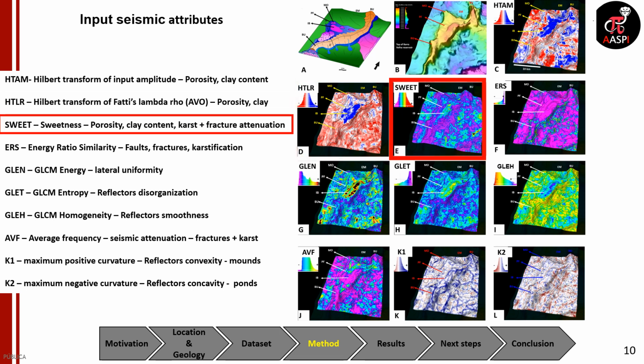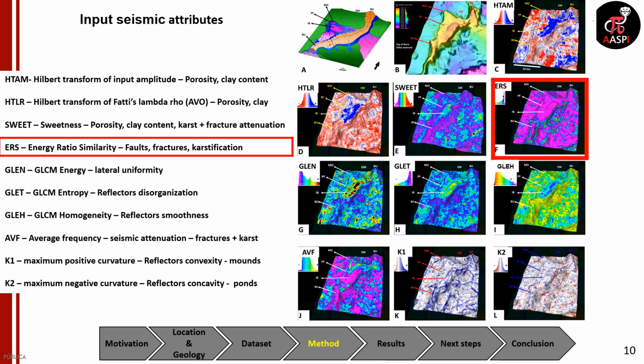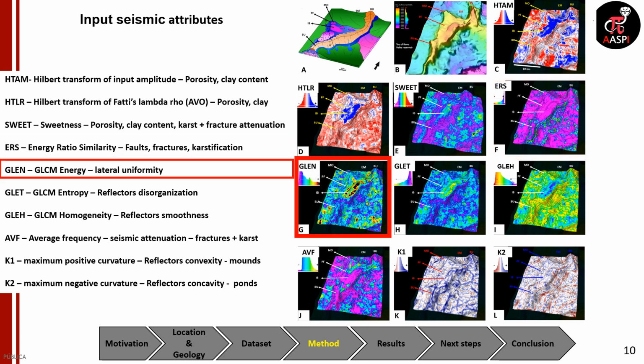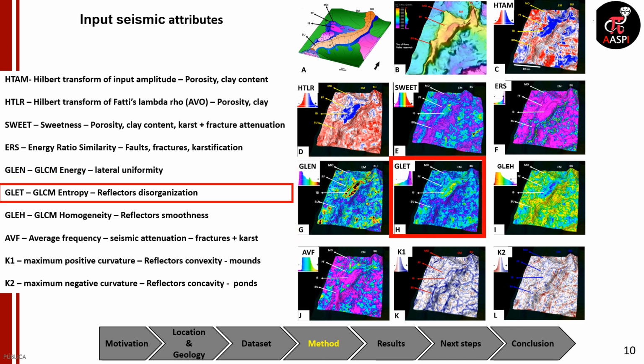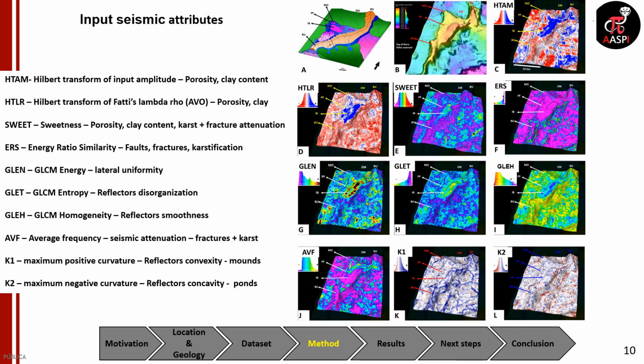This is the sweetness: porosity, clay content, crusts, and fracture attenuation. The energy ratio similarity responds to faults, fractures, and classification. GLCM energy, lateral uniformity of reflectors; GLCM entropy, reflector disorganization; and homogeneity, which measures reflector smoothness.